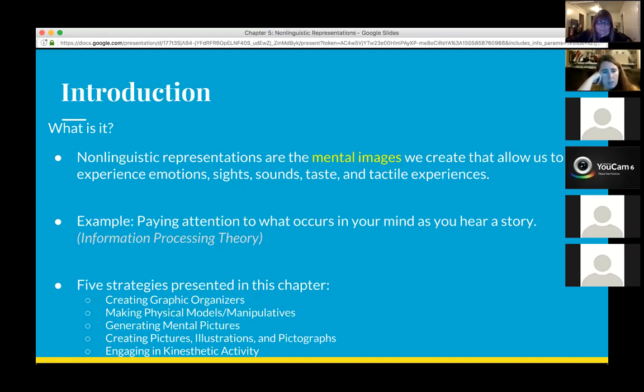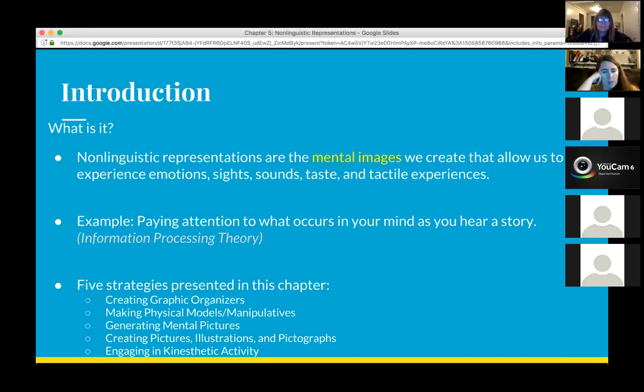There are 5 main strategies presented in this chapter: creating graphic organizers, making physical models and manipulatives, generating mental pictures, creating pictures, illustrations, and pictographs, and engaging in kinesthetic activity.